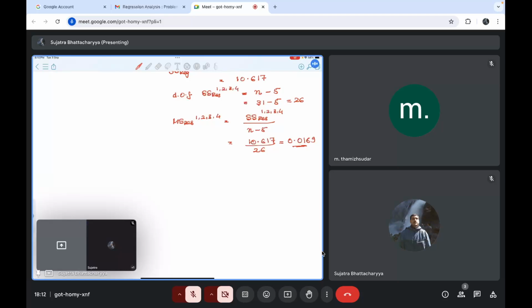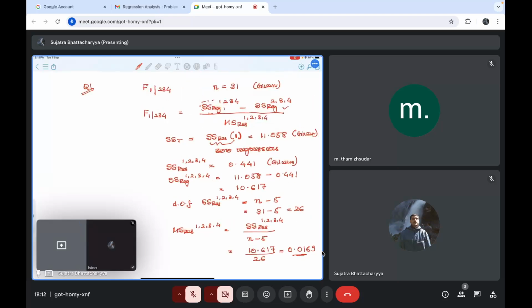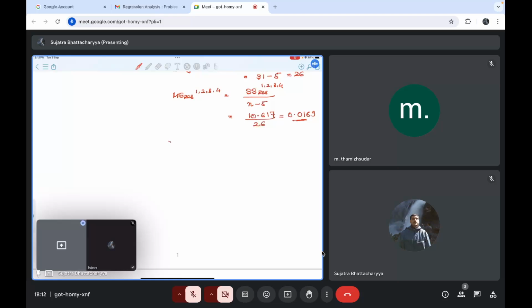After this, we will need to find out this one, SS of 234. Let's do it. So for the SS of 234, let us first write it is given. SS residual of 234, which from the question is already given, is 1.041.